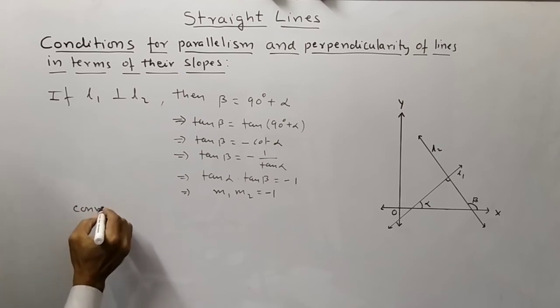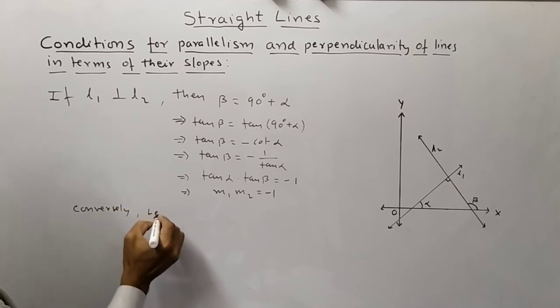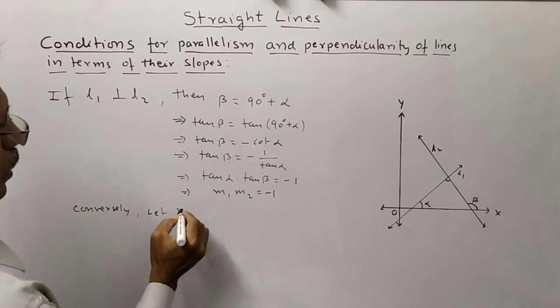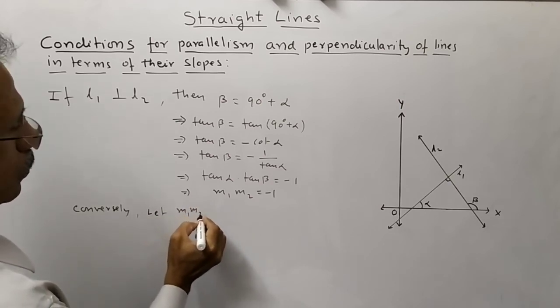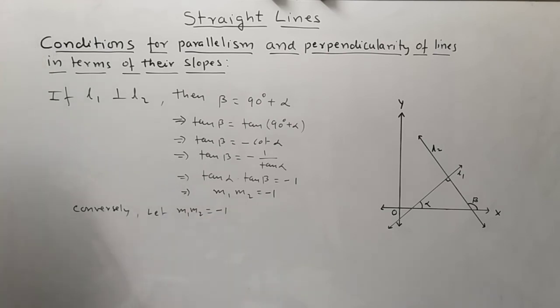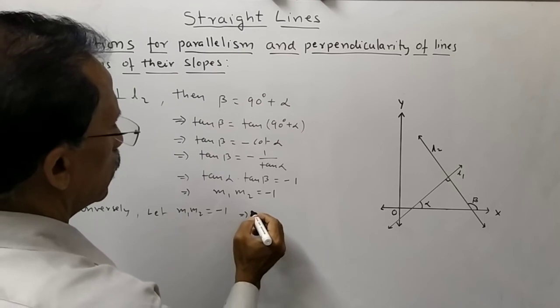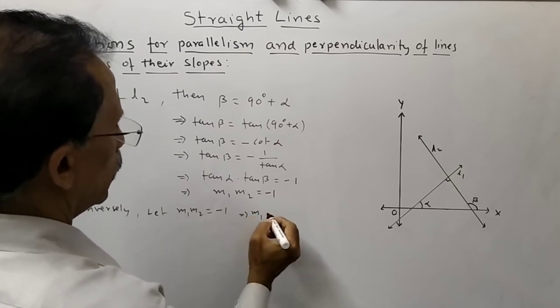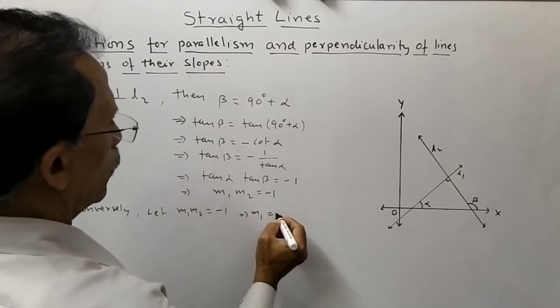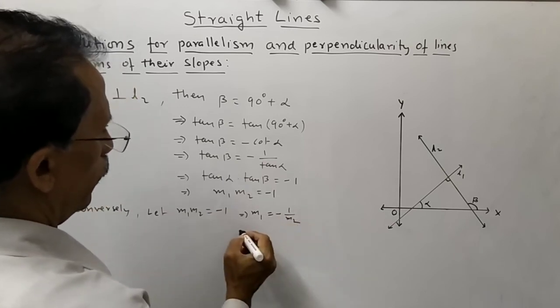Conversely, let m1 into m2 is equal to minus 1. This implies m1 is equal to minus 1 by m2.